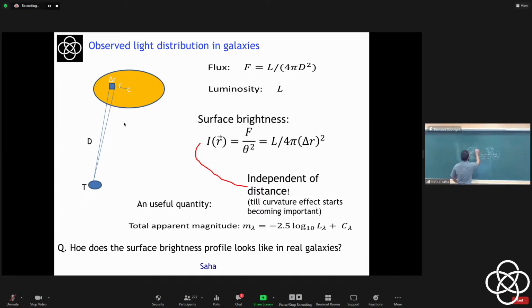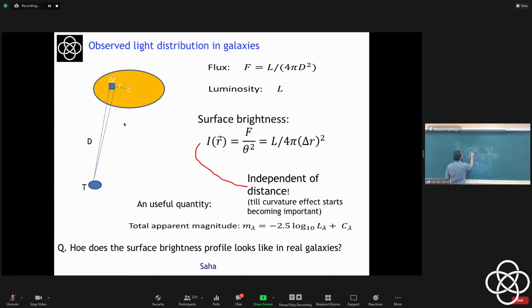So for these galaxies, what you see is starlight. The flux that you see, if you know the luminosity, should be basically L by 4 pi d squared.